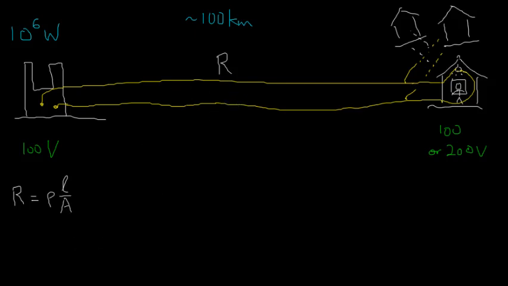So for the resistivity, I'm going to assume aluminum. In many countries, in order to cover very large distances, these cables are often supported on very tall towers, rather than being put underground.